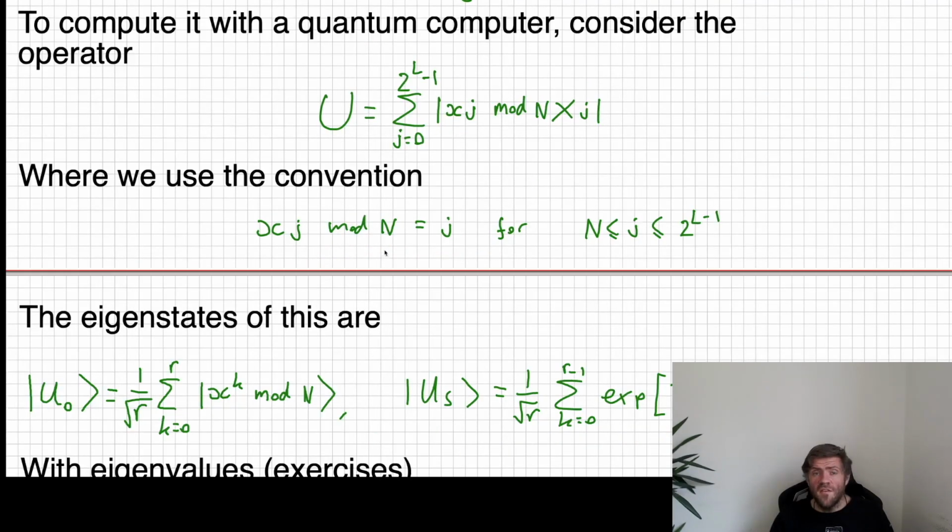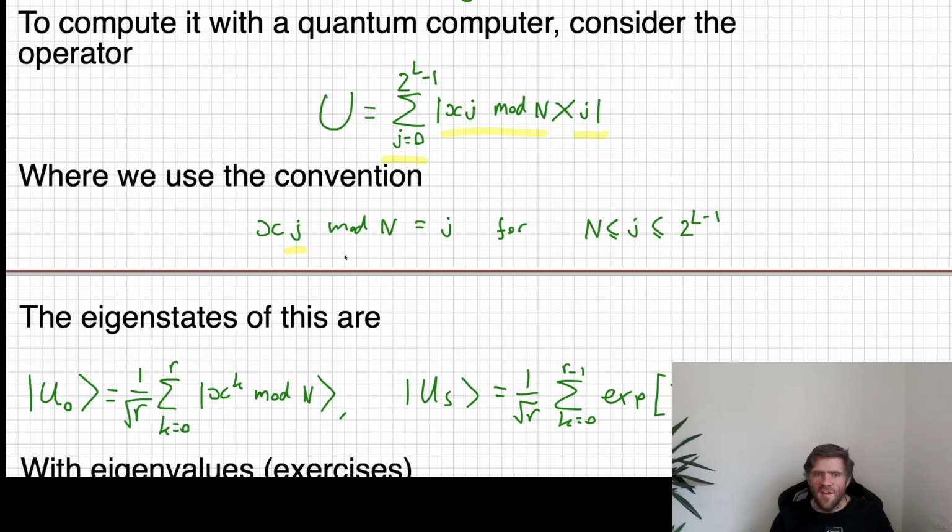For that, we consider the unitary which applies this function. So it takes some number j and calculates x times j mod n for all of the possible basis states. Now here we have a bit of a strange case, because what about the case that j is larger than n?